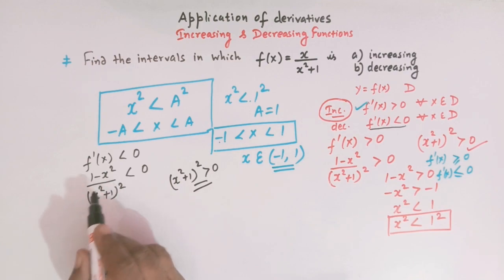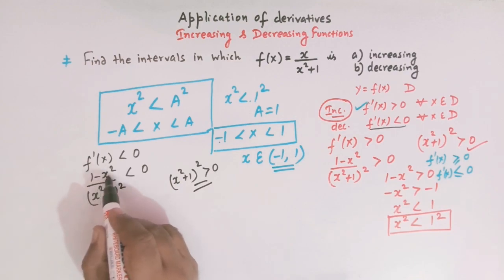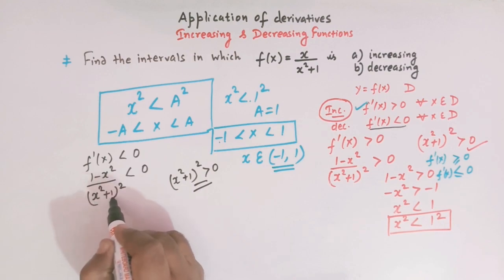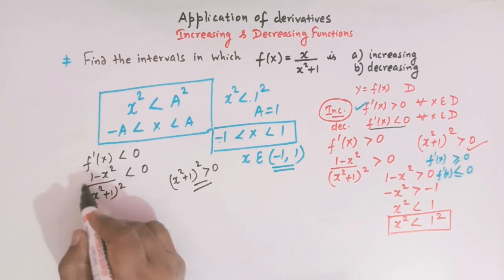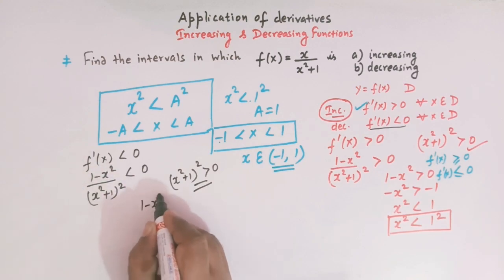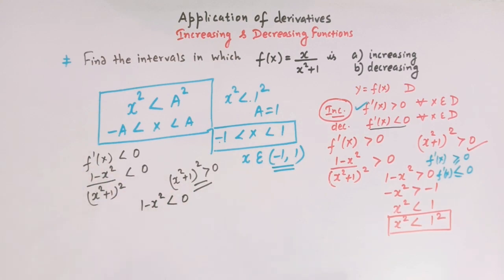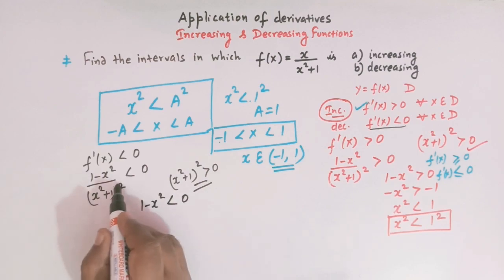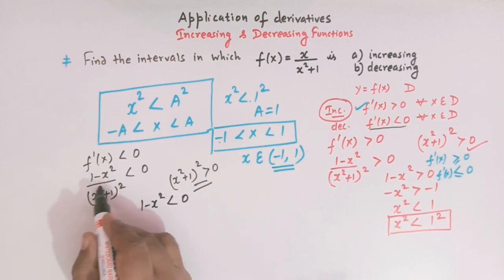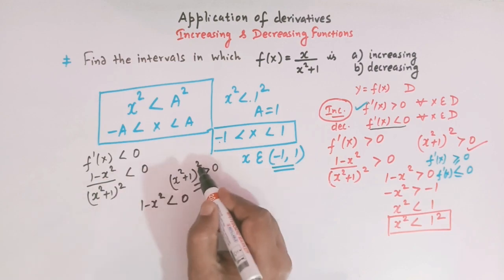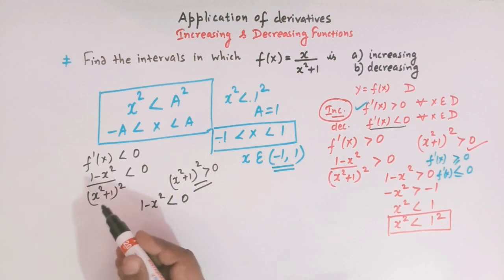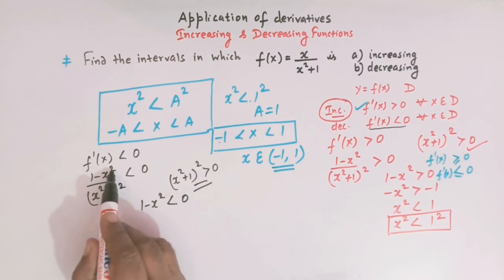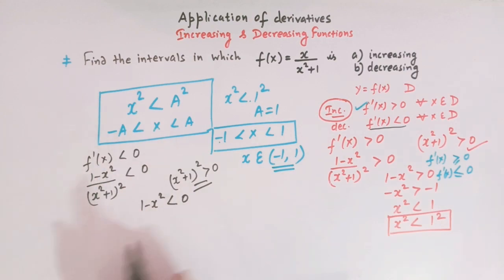So it means for 1 minus x square over x square plus 1 whole square to be less than 0, this quantity, that is 1 minus x square, has to be less than 0, right, because the denominator is positive, being a square quantity. So the numerator, 1 minus x square, has to be negative, right.